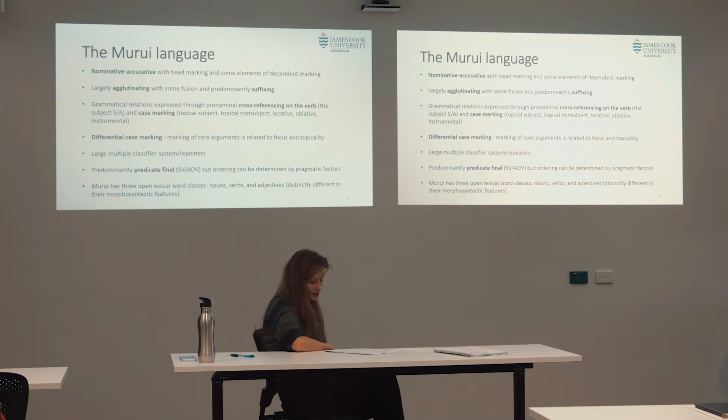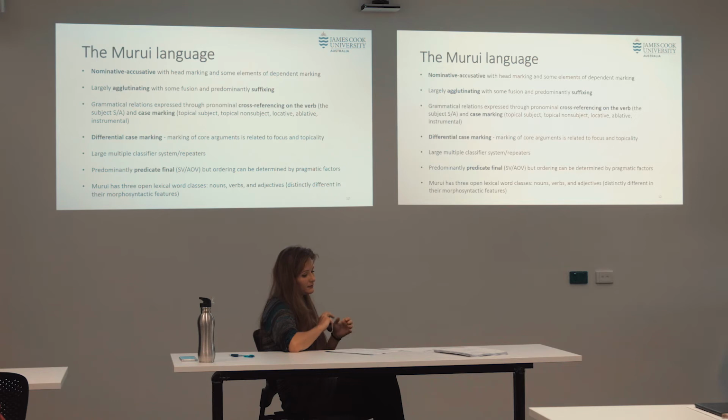There is also a large multiple classifier system in Murui, which consists of more than 80 classifiers as well as repeaters. The language is predicate final with SV-AOV order, but the ordering can also be determined by pragmatic factors, which also permit other constituent orders.